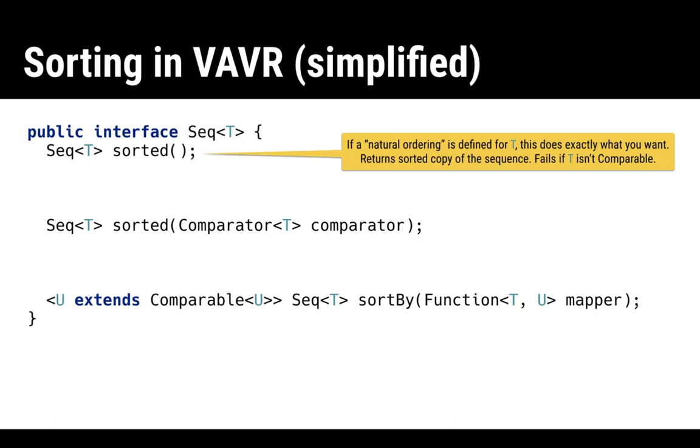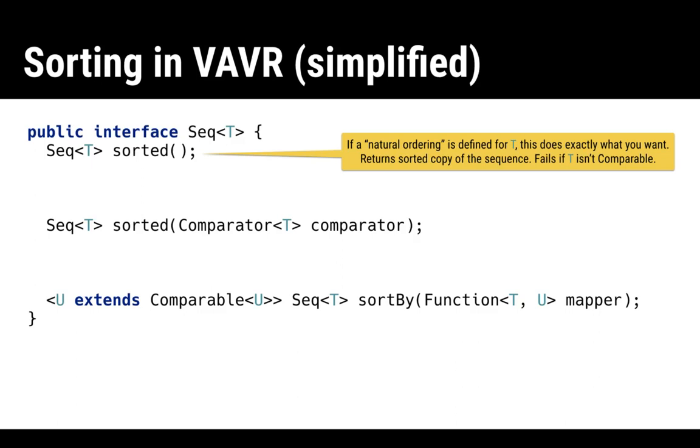If it's string, they'll be sorted alphabetically. And if it's some type that isn't comparable, this will throw an exception. It will say, I'm sorry, I can only sort things that are comparable. You gave me a sequence of things that aren't comparable. I can't sort that, and it'll throw an exception.